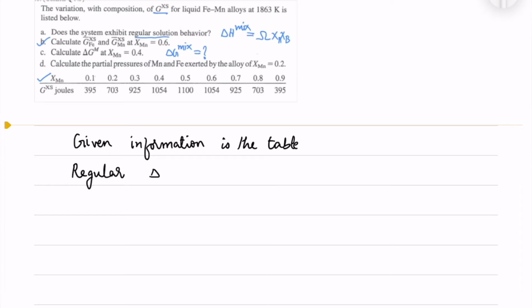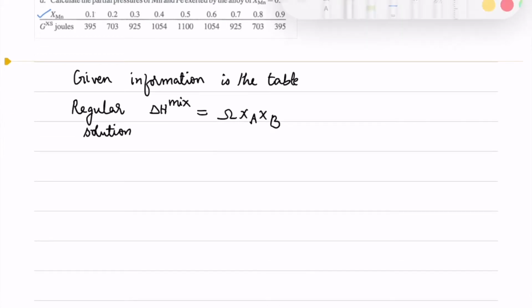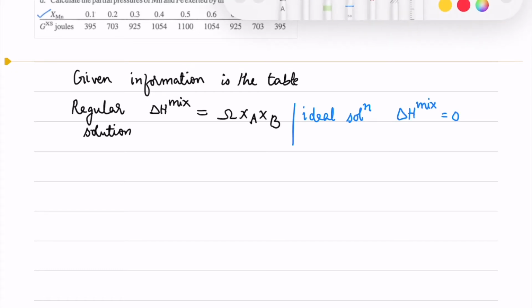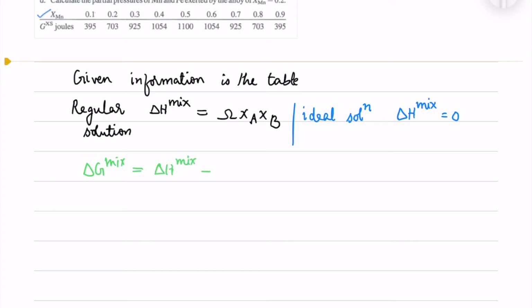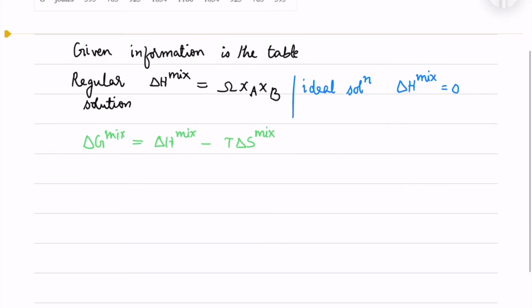And for a regular solution, delta H mix equals omega xa xb. So it's a parabolic type solution. In an ideal solution, the delta H mix is 0. So it's perfect mixing. For the delta G mix, the formula is delta H mix minus T delta S mix.